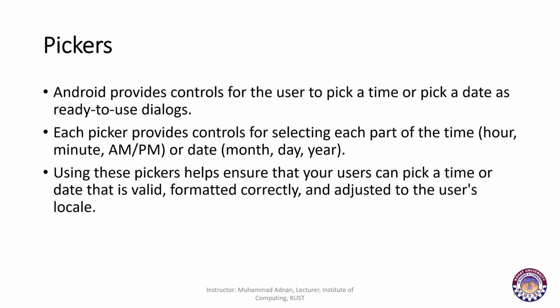So each picker has different options such as selecting the hour, the minute, AM and PM, and then you can also select month, day and year using these pickers. Using these pickers helps ensure that the user can pick a time or date that is valid, formatted correctly and adjusted to the user's local time.